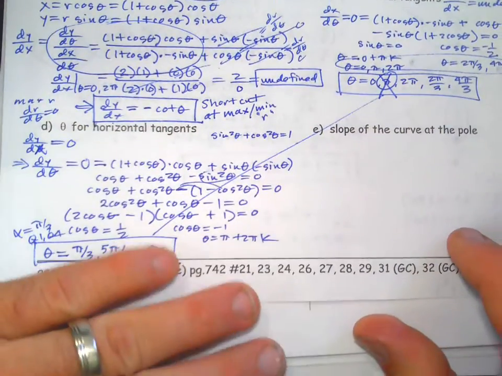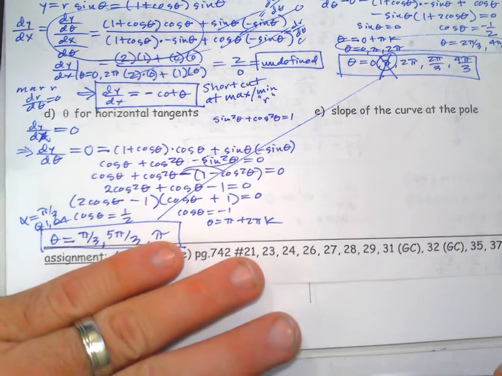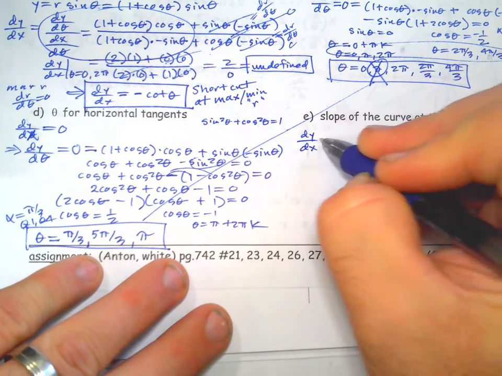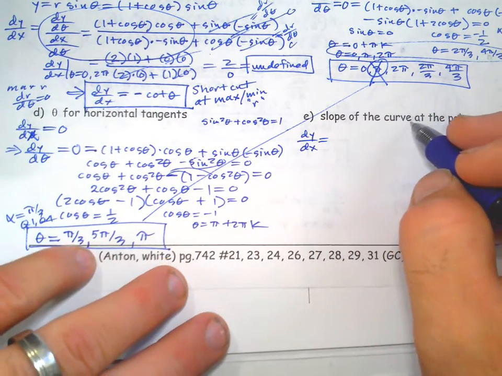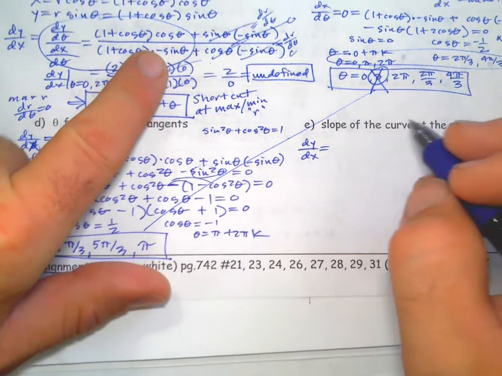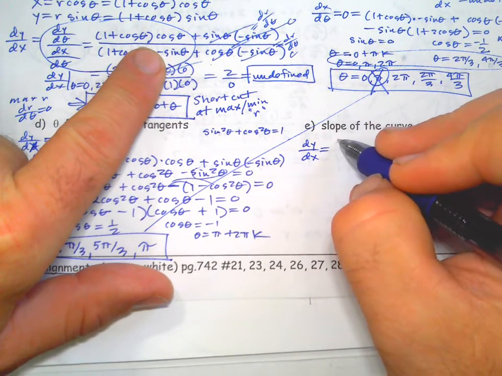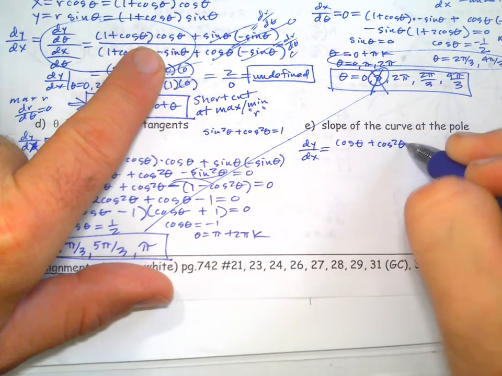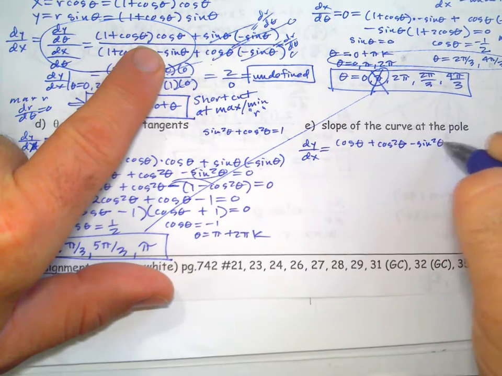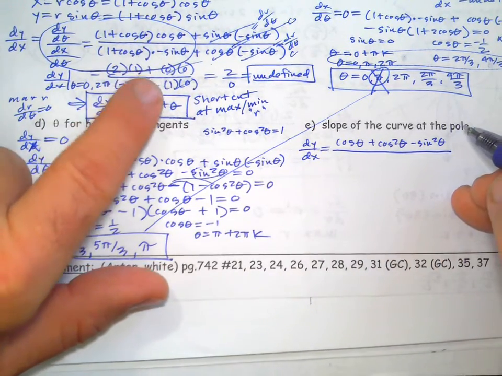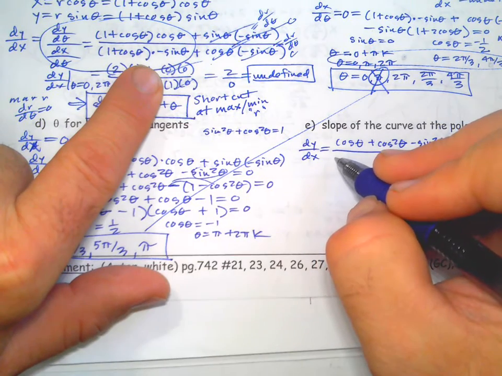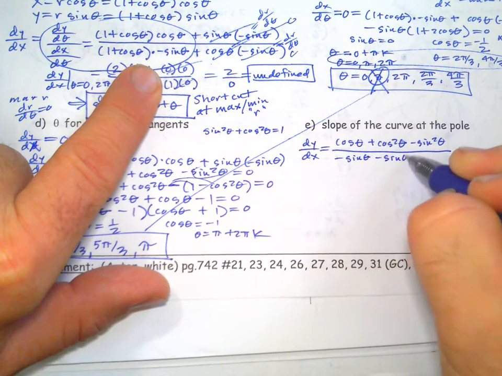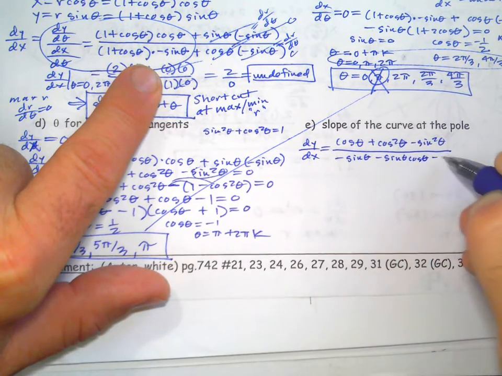Now, algebraically, the way we would figure it out is we'd say, okay, what would happen is that dy dx, which is what we're specifically looking for, which we wrote an expression for over here. I'm going to go ahead and clean this up. I'm going to say that this is cosine theta plus cosine squared theta minus sine squared theta. So I'm cleaning this up. And then the bottom would be negative sine theta minus sine theta cosine theta, and then another minus sine theta cosine theta.